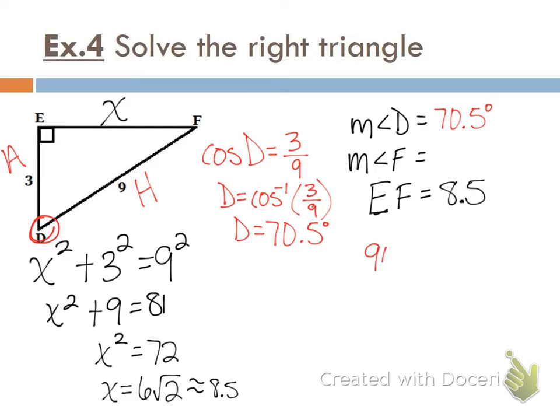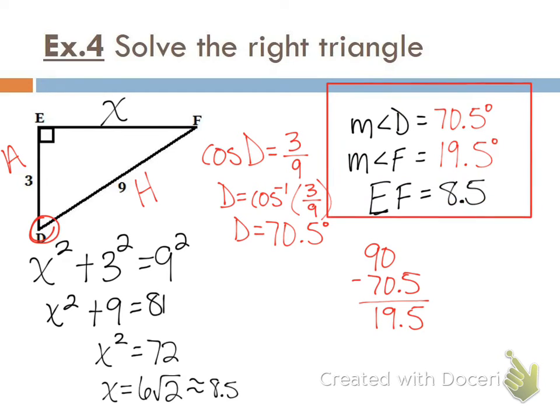Okay, if we take 90 minus 70.5, what do we get? 19.5 degrees. Okay, you can use trig again, and that would be fine, but it's usually quicker to just subtract. Questions about example 4?